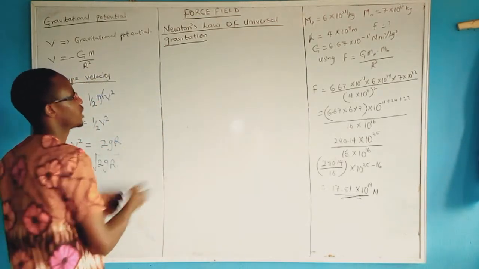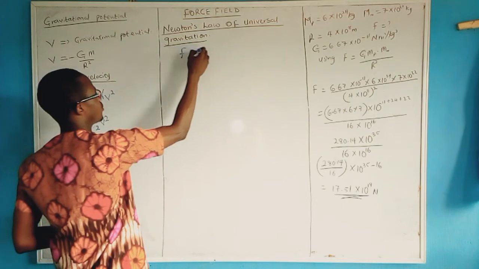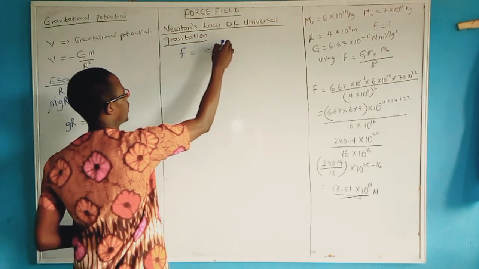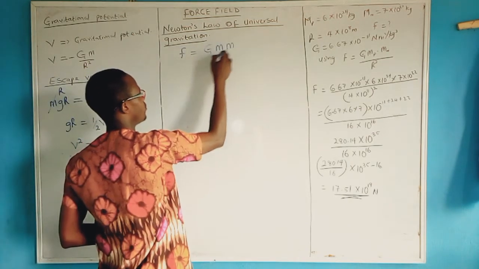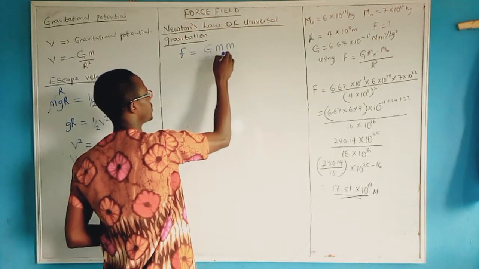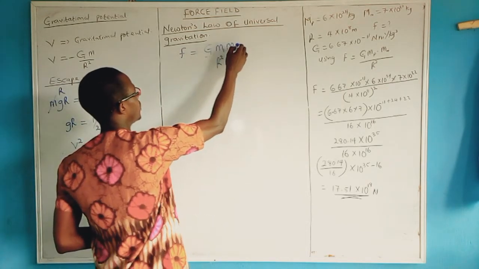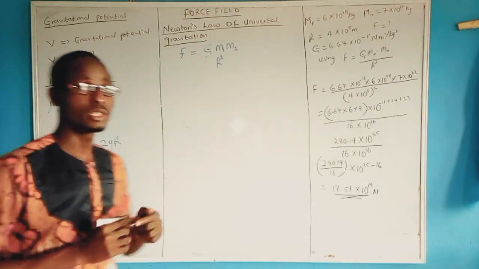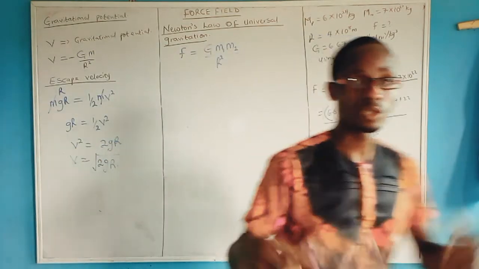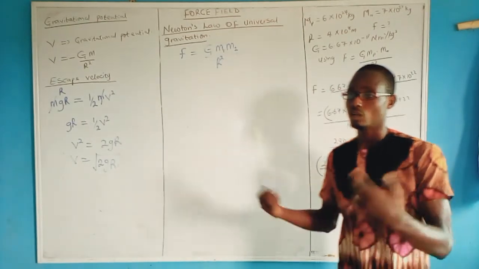So don't forget we have F equals GM all over R squared. When we talk about acceleration due to gravity, we are referring to a single body, acceleration of the single body due to gravity.